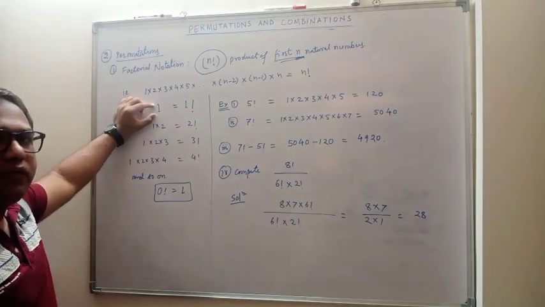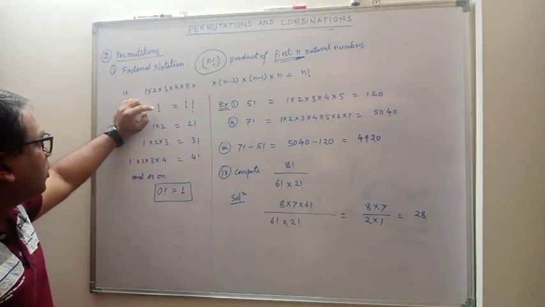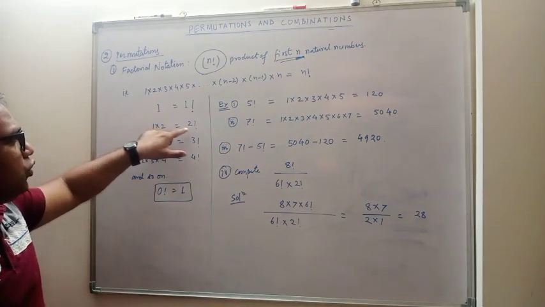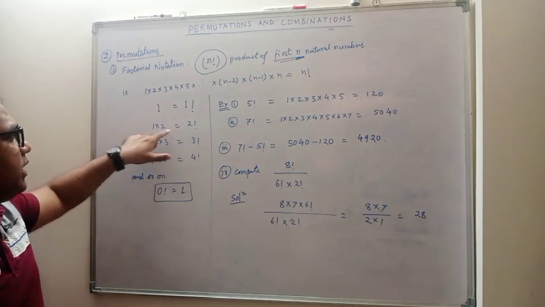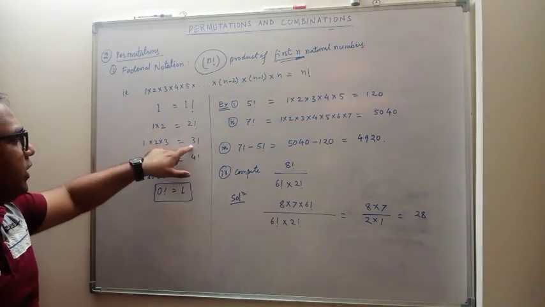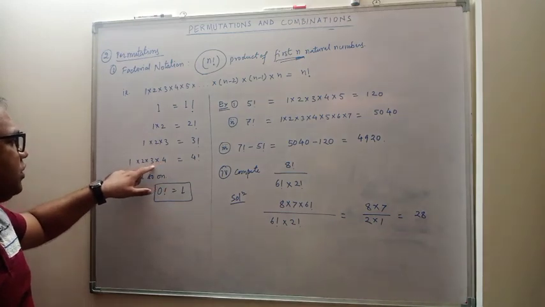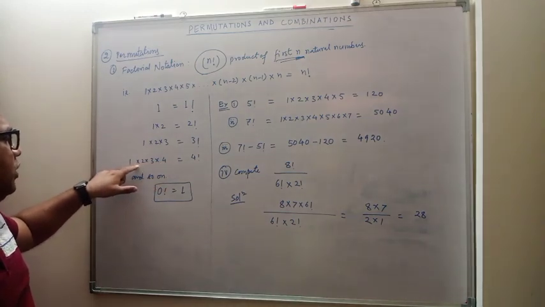One more thing, we'll see this one: 1 factorial is nothing but equal to 1 only. 2 factorial is nothing but 2 into 1, and 3 factorial is 3 into 2 into 1. 4 factorial is 4 into 3 into 2 into 1.